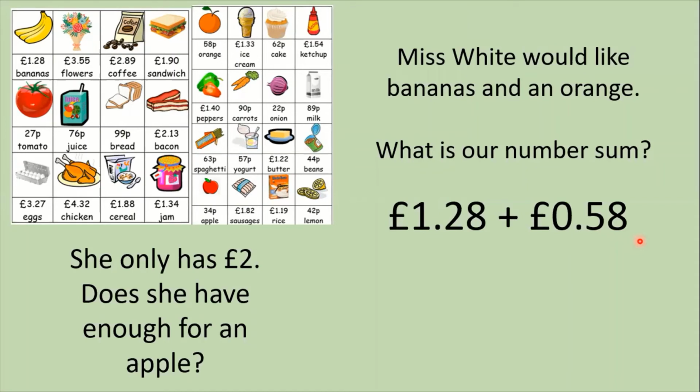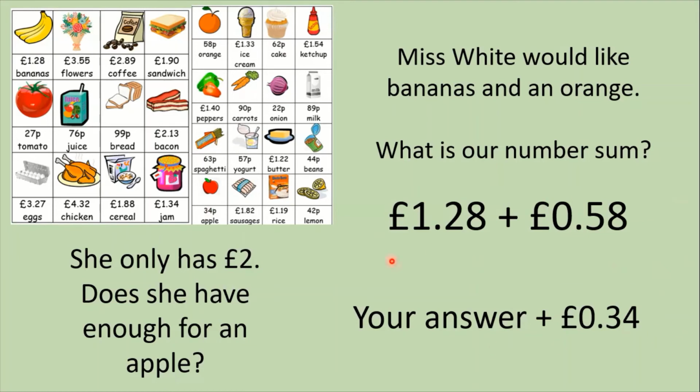Does she have enough money for an apple? How might you be able to work out if she has enough money for an apple? Well done if you said your answer, 34p for an apple. So you're going to have to work out how much the bananas and an orange are, and then you need to add on an apple and see if she has enough.